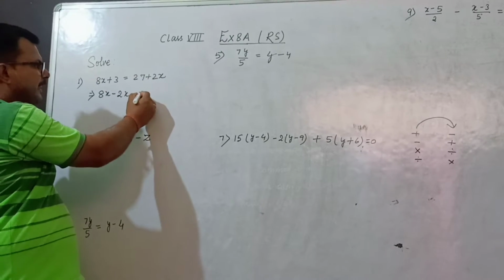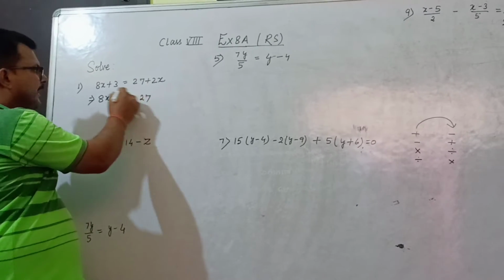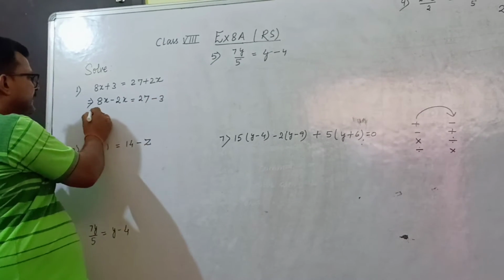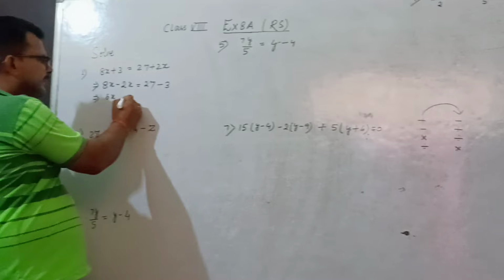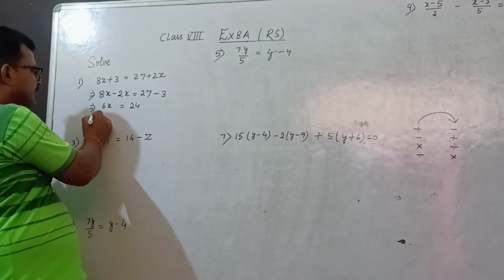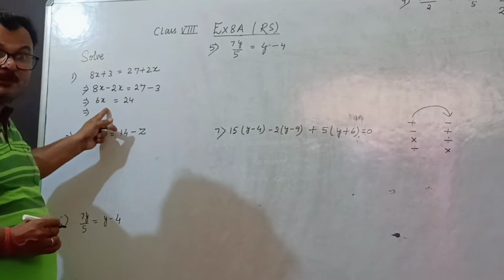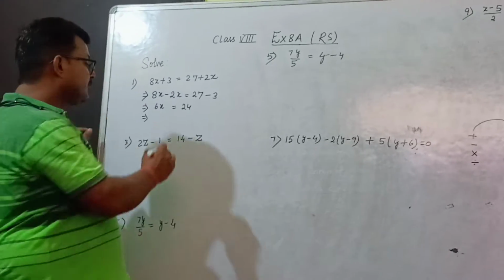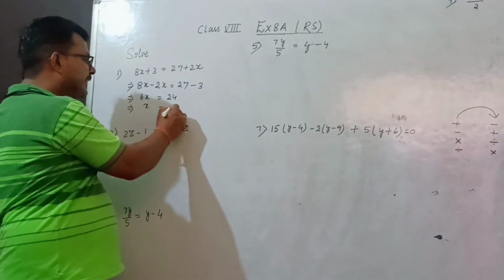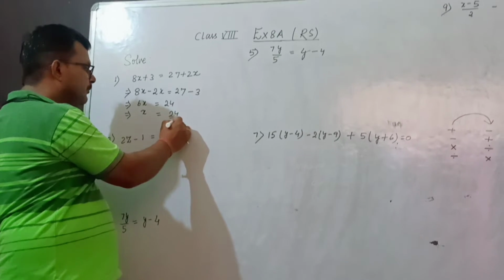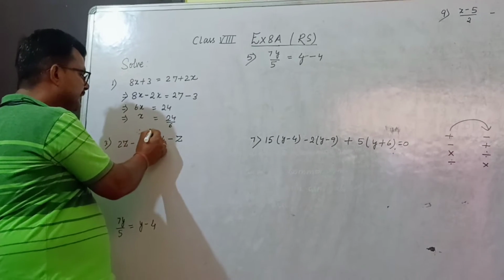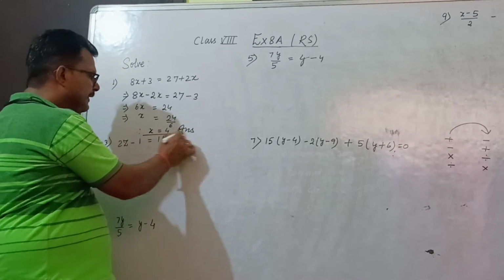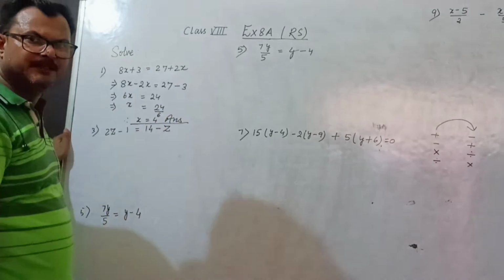Now here we will write 27, and 3 will be transposed from left to right, subtract it, it will be 6x equals 24. Now see, 6x means 6 into x, 6 has been multiplied here. If you transpose that side, it will divide 24, and 24 upon 6, 6 fours are 24. It means the value of x will be 4. I hope you get it.